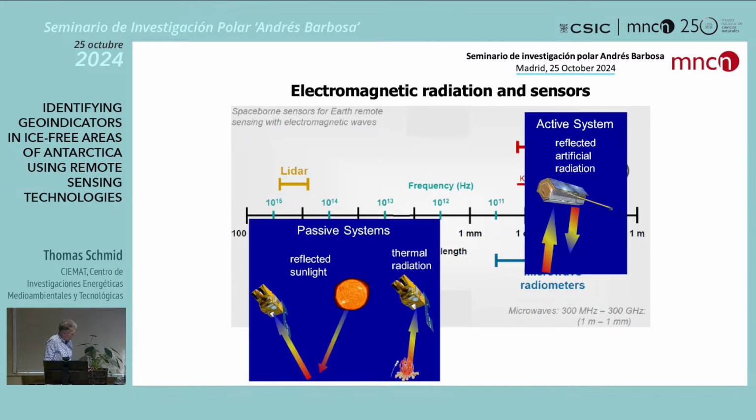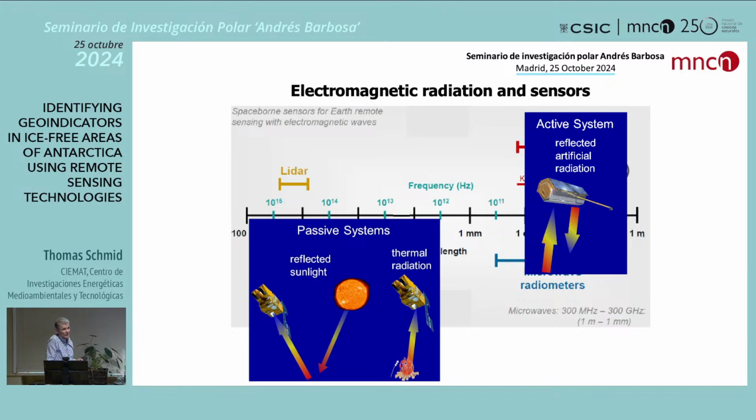And here we can also differentiate between passive systems, which depend on the reflected light or the reflected energy which a sensor receives. But we also have active systems, namely the radar systems. They emit a pulse. And this pulse is then received again by the sensor.